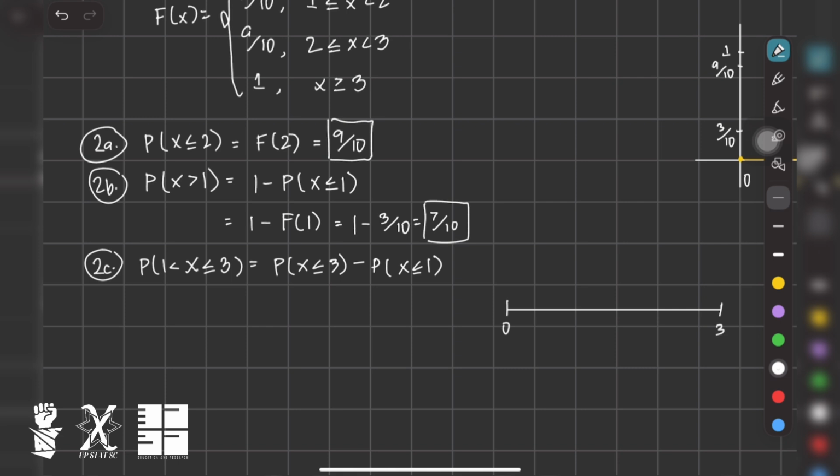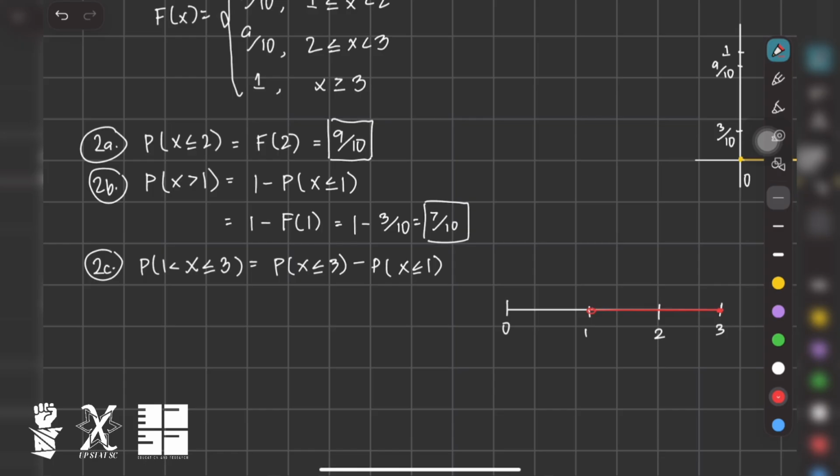You're looking at the values of x where it is less than or equal to 3, but greater than 1. Less than or equal to 3 is around here until 1, but there's a hole there, because we are not including when x is equal to 1 itself.